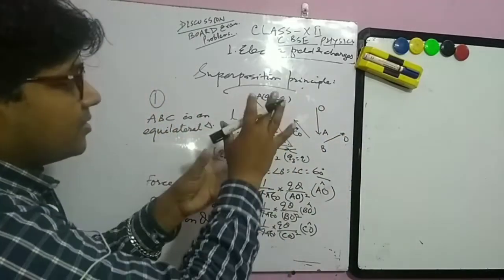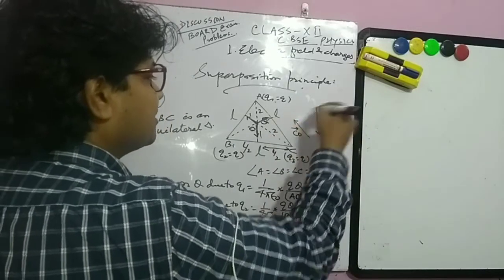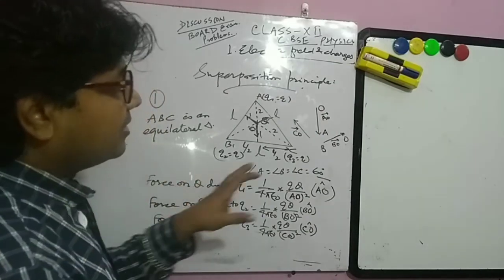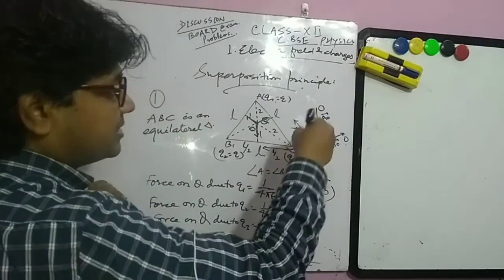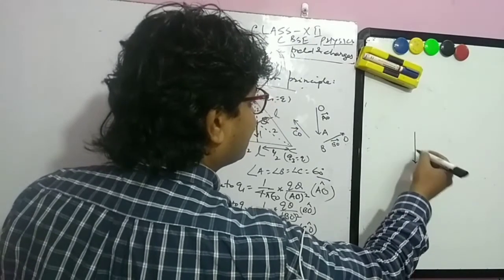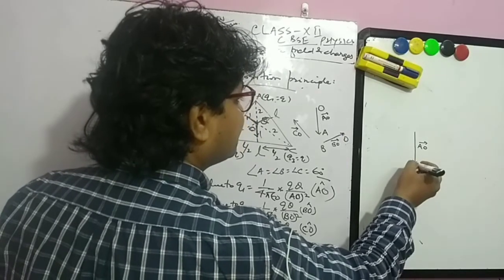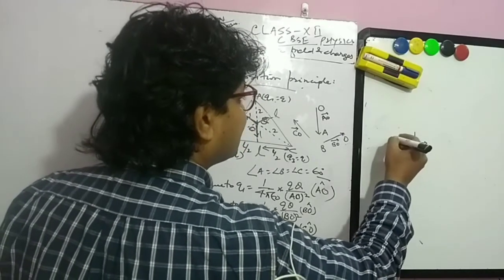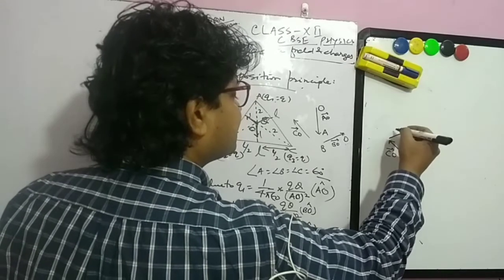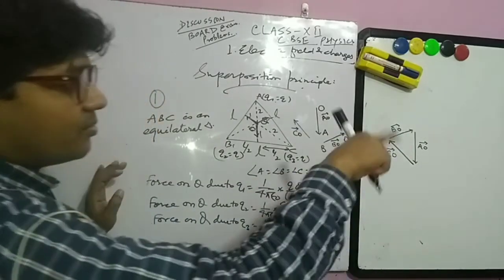If we take the CO vector, BO vector, and AO vector in cyclic order, all three forces make a cycle.